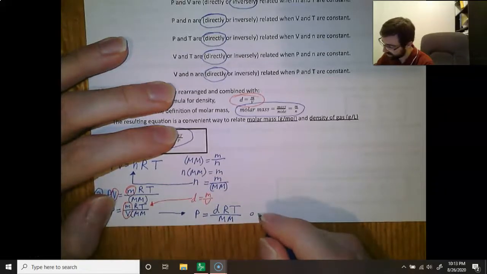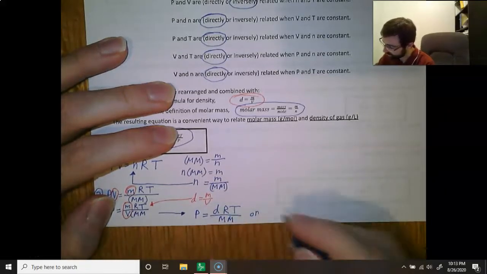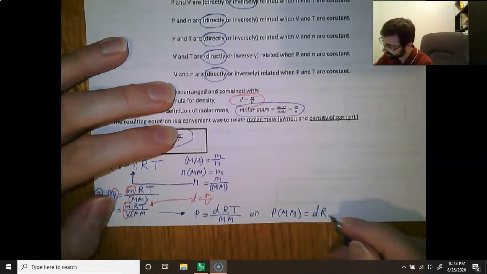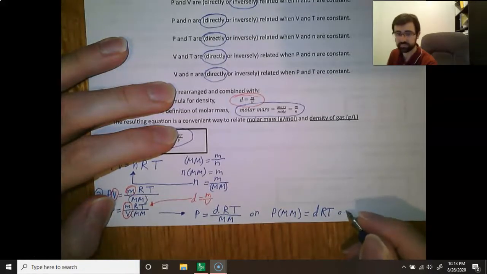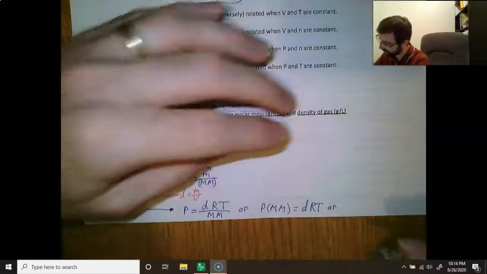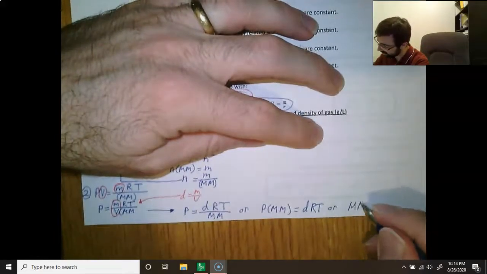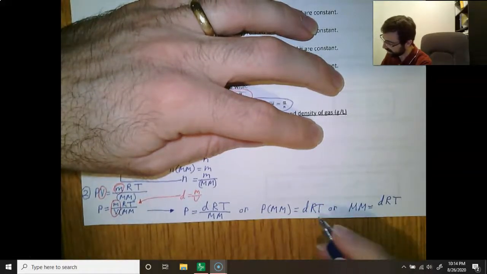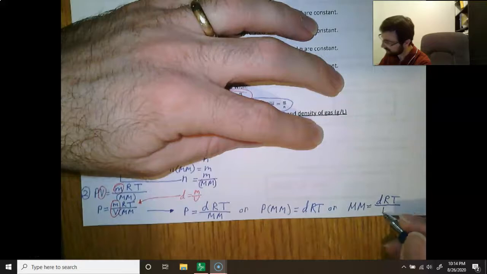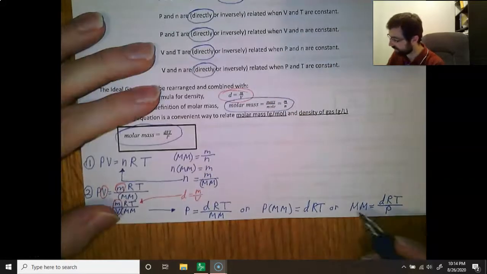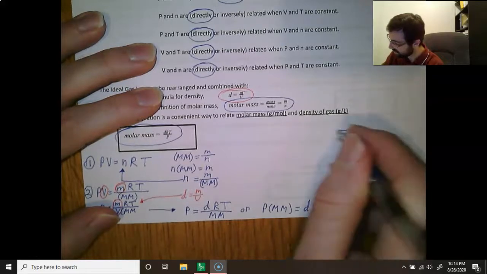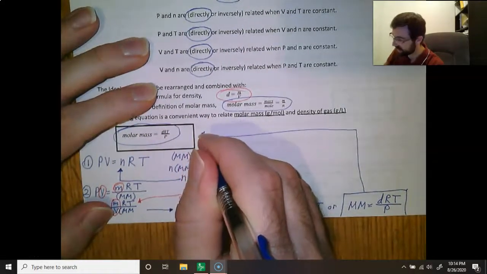Or I could say pressure times molar mass equals dRT. Or finally, I could say molar mass equals dRT divided by pressure. So that's how that formula is actually derived. It's the same thing that we have up here. Okay, that's how it's derived.